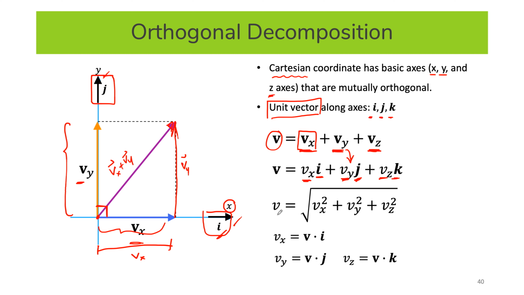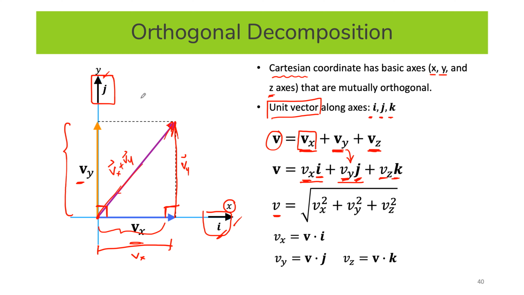Now, what would be the magnitude of the vector v? In 2 dimensions, it's going to be composed of vx and vy vectors, right? And we have drawn the triangle for the summation of these vectors, and we know that these are perpendicular. Therefore, the length of this can be calculated using the Pythagorean theorem.